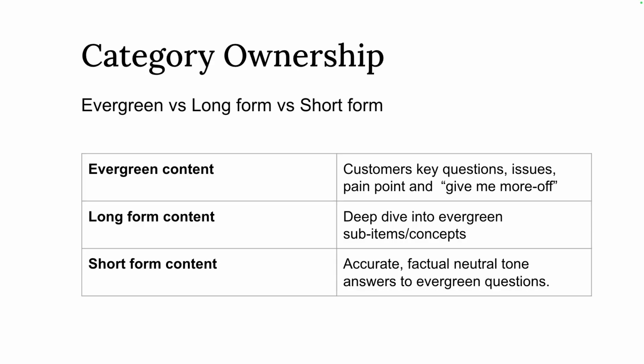Typical customer key questions, issues, pain points they have, and give me more of. I want to understand this better. Is this fit for me? Jobs to be done, that type of thing. That's evergreen content. And it needs to be aligned with the qualitative data and robust customer research that's been done.